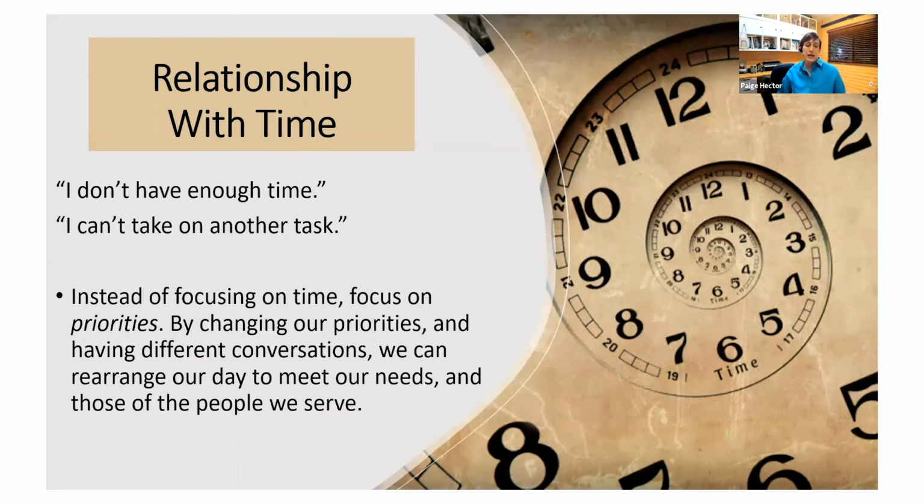What I'm saying here is that if we can switch our perceptions of not enough time to priorities, we can change our priorities. We can look more creatively at what things I can take off of my to-do list, or how I can delegate or redo my daily to-do list. This is a tough thing to do, and it really does require collaboration with supervisors and administration.